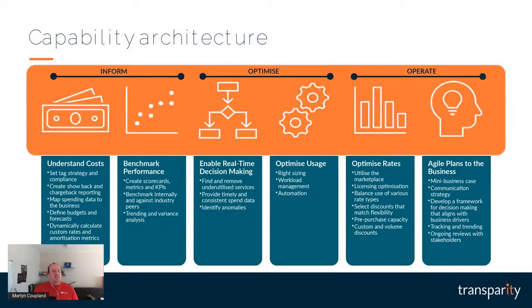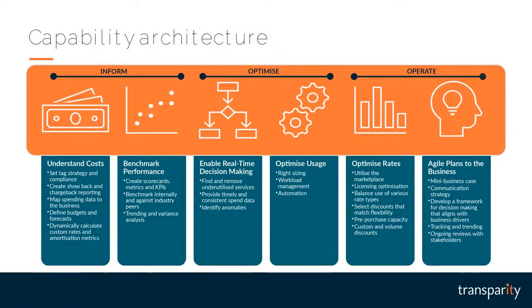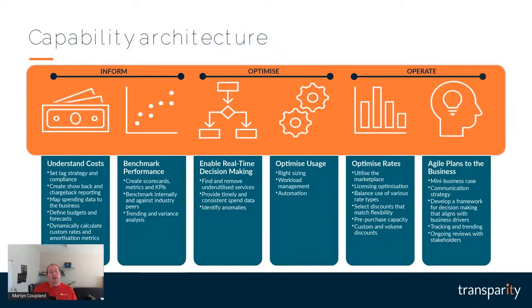So I want to first start talking about inform. So inform is about 2 things. It's around understanding your costs and benchmarking your performance. So on understanding your costs, one of the best things you can do is set your tagging strategy and make sure your tagging strategy is part of any compliance that you might run as an organization.